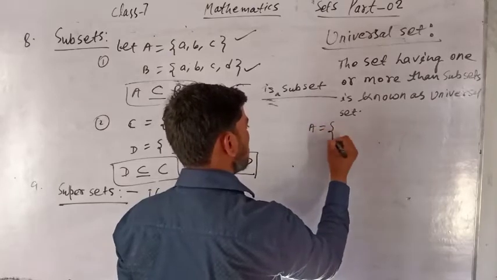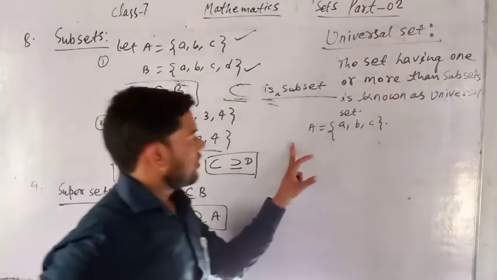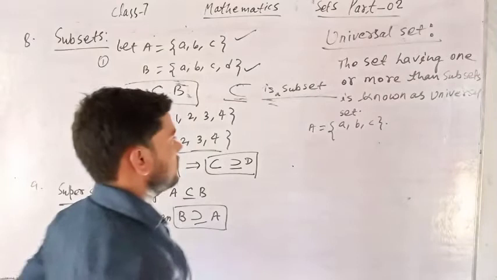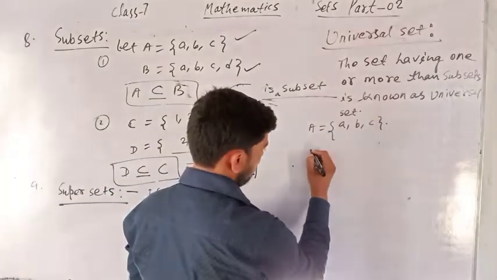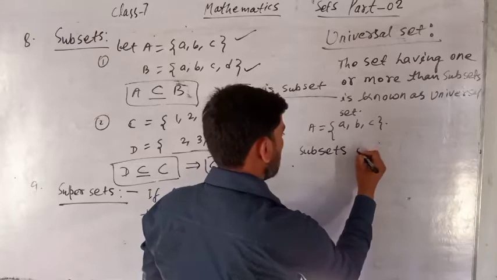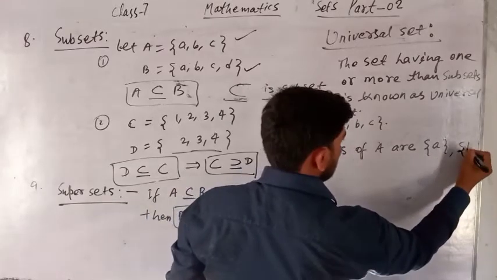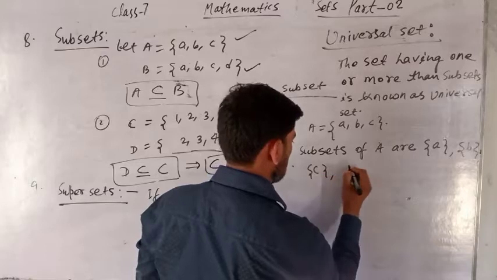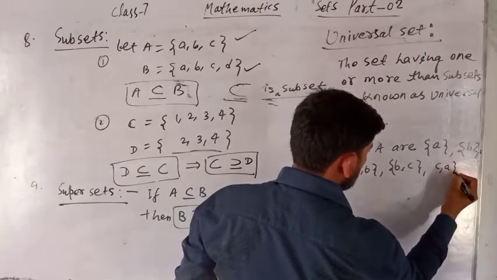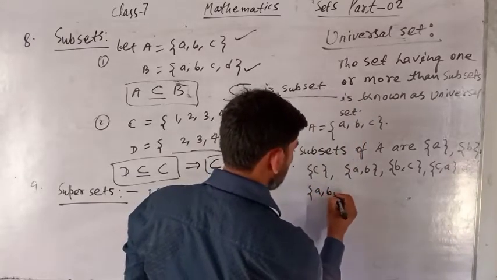For example, let A = {A, B, C}. The subsets of A are {A}, {B}, {C}, {A, B}, {B, C}, {C, A}, phi, and {A, B, C}.